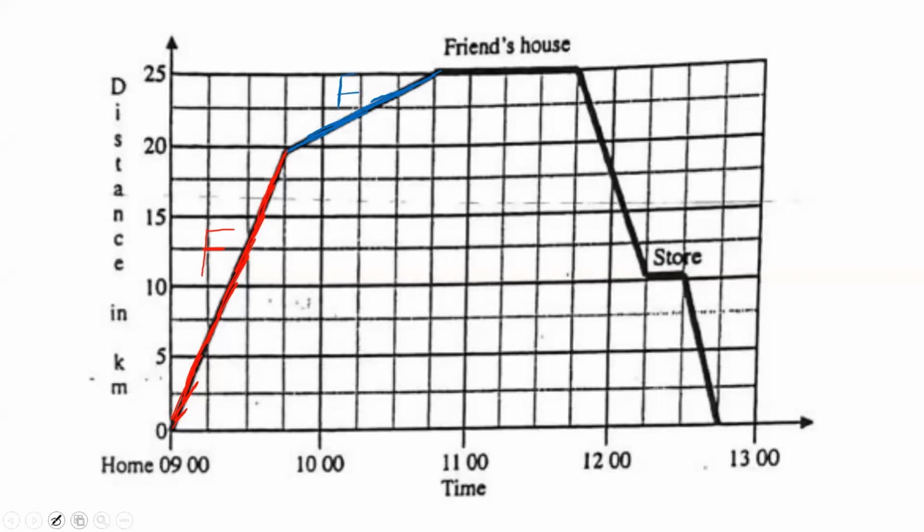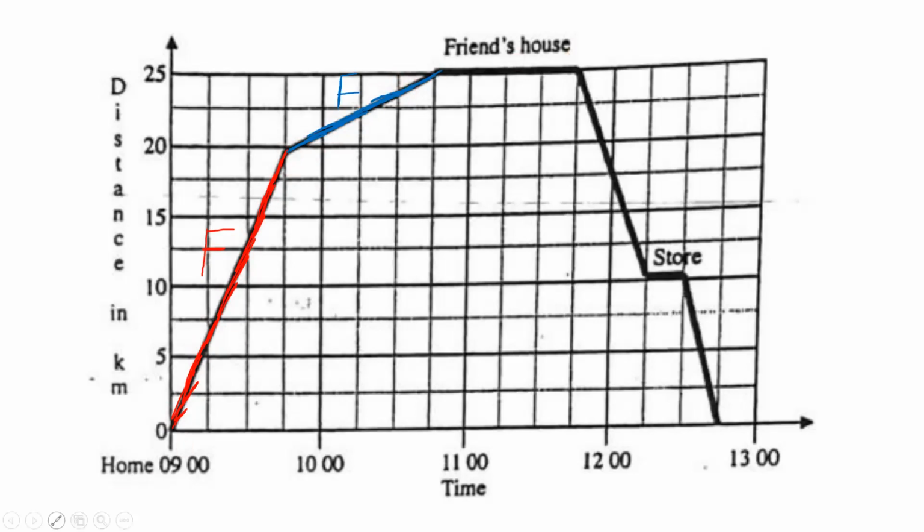So the object was moving at a faster speed, but then it starts moving slower. It's still moving forward, just slower. So from here to here, the object is moving forward, but just slower.